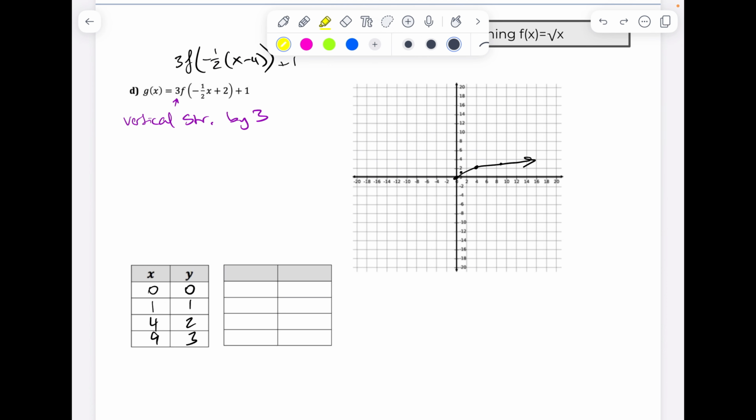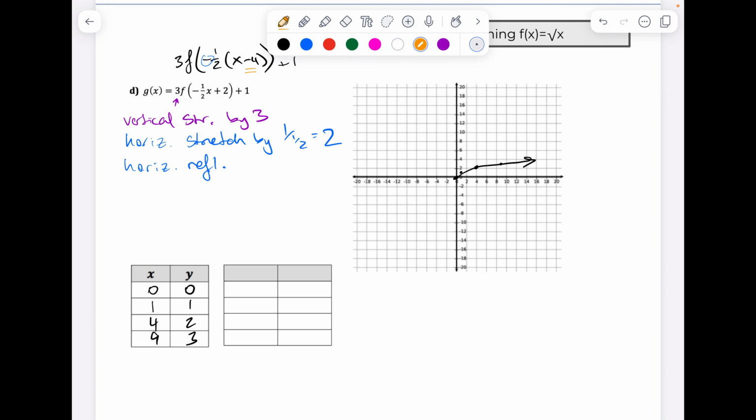So vertical stretch by 3. Horizontal stretch by 1 over 1 half, which is 2. And then the negative tells me that there's a horizontal reflection.